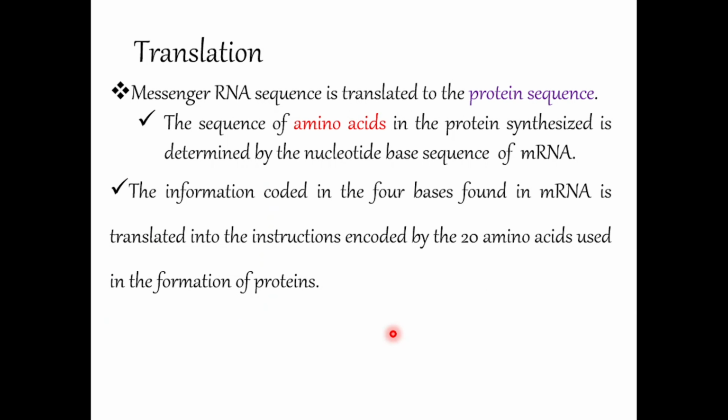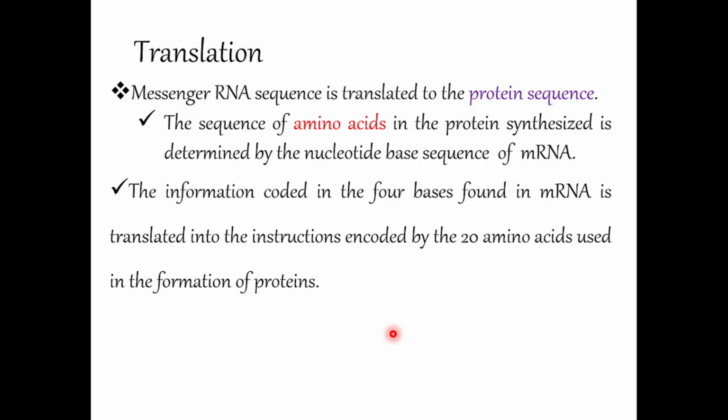Let us continue. Translation is the process by which information contained in RNA is used for synthesis of protein. You know, in transcription, the base sequence in DNA is changed into that of RNA.